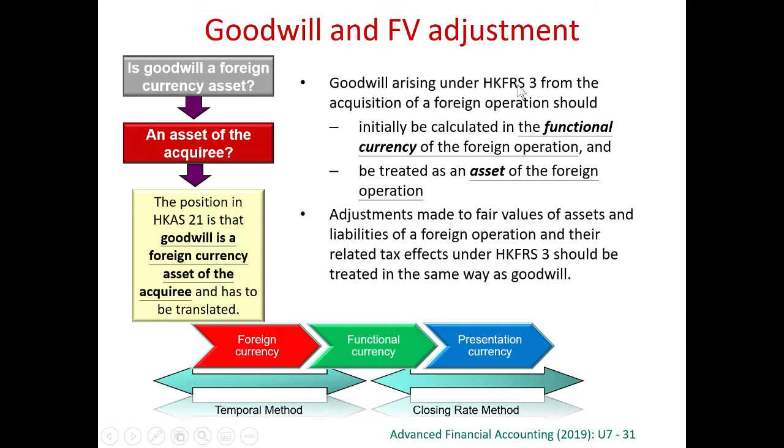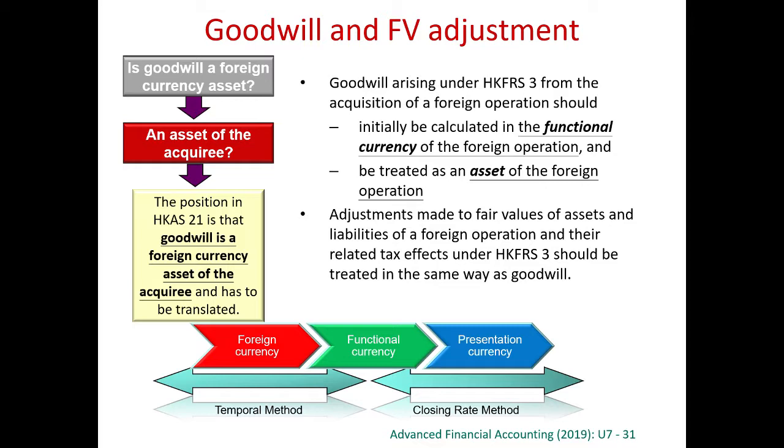Under Hong Kong Financial Reporting Standard Number 3, goodwill arising from a business combination should initially be calculated in the functional currency of the foreign operation. So, if you have a UK subsidiary, and the functional currency of that UK subsidiary is UK pounds, then goodwill should be recorded in the functional currency of that foreign operation, that means UK pounds.